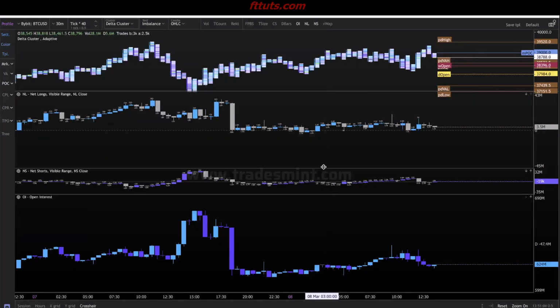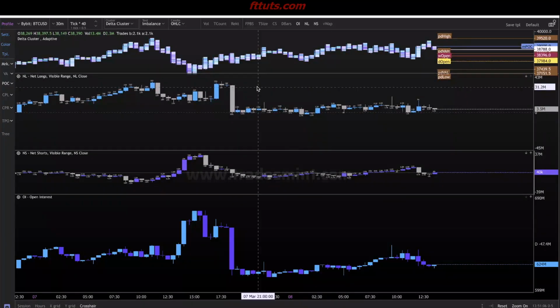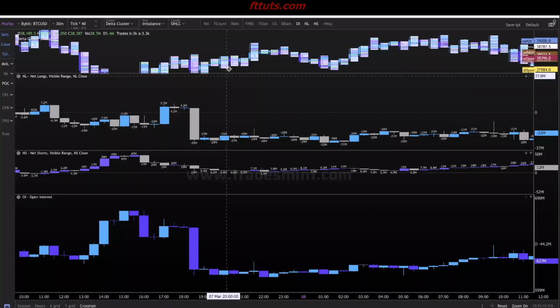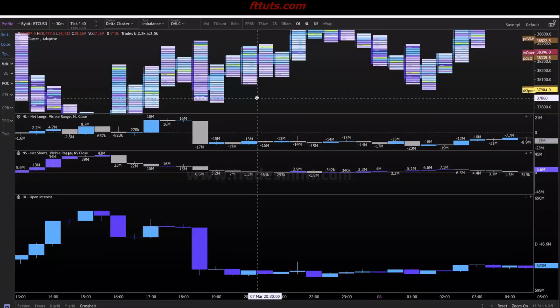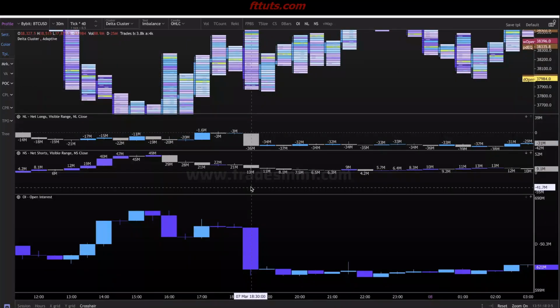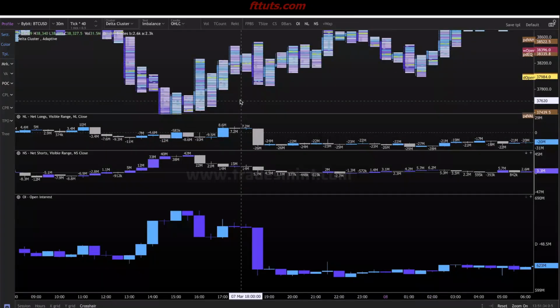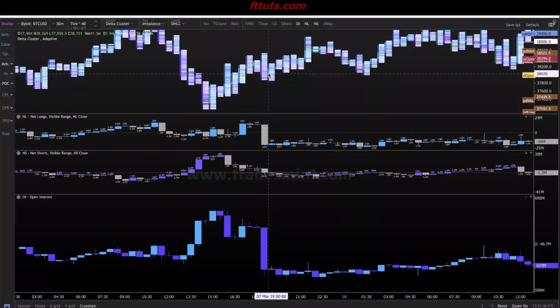So for example, we can see right here on this purple candle, and let's zoom in a little bit so that we can see it more clearly, open interest decreased a lot, and a lot of longs actually closed out of their positions. 36 million closed out of their positions, and we can even see that some shorts closed out of their positions. There was a lot of people closing out trades. There was some indecision in the market here. People didn't know whether we were coming or going, so they're just closing out tons of trades.